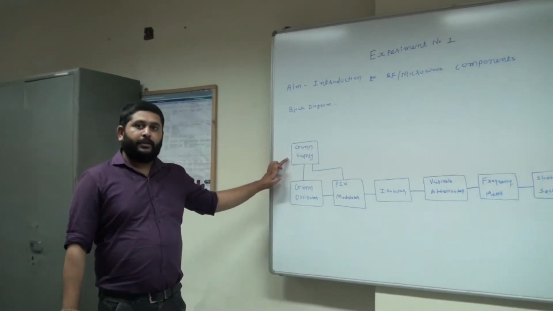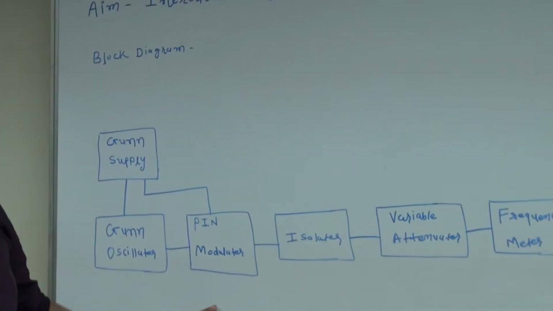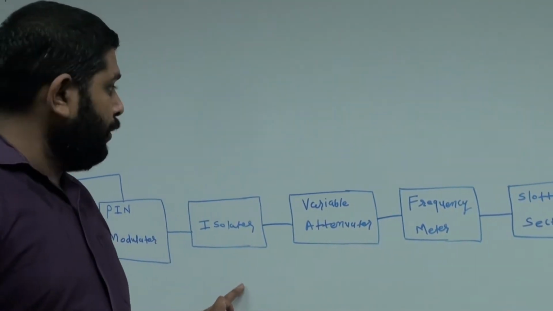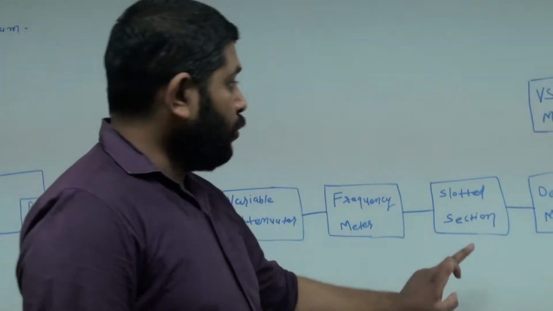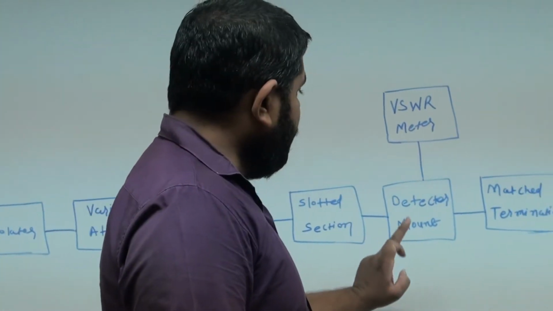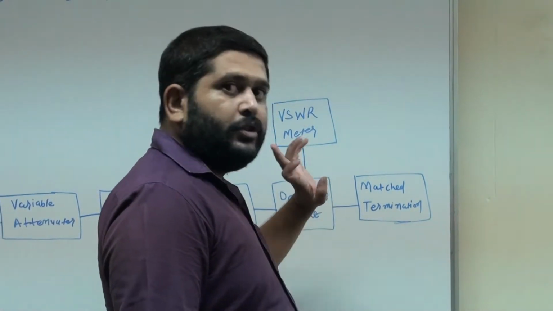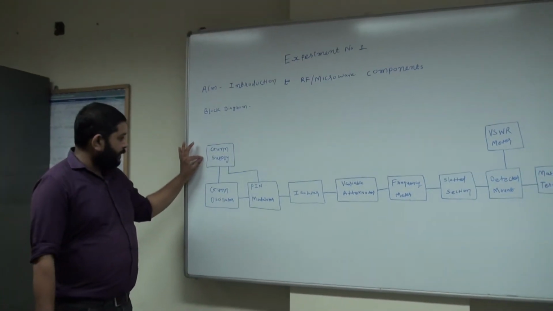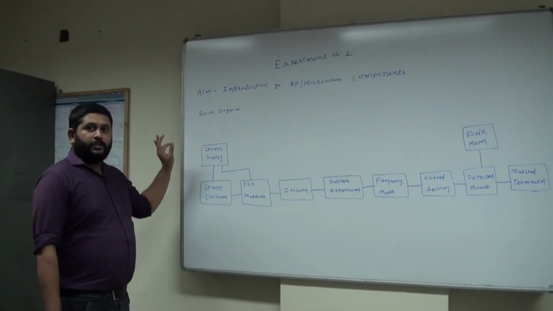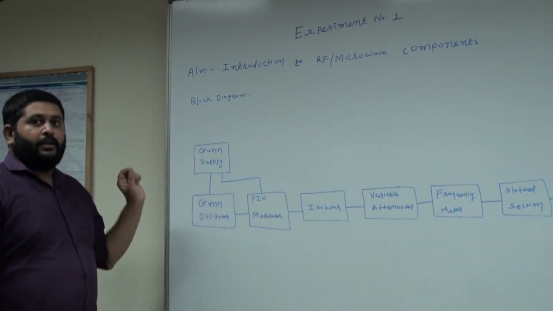gun supply, gun oscillator, pin modulator, isolator, variable attenuator, frequency meter, slotted section, detector mount, match termination, and VSWR. And this gun supply is a DC low voltage power supply.